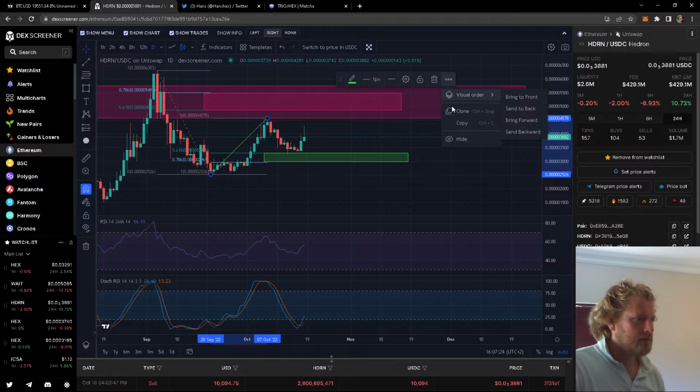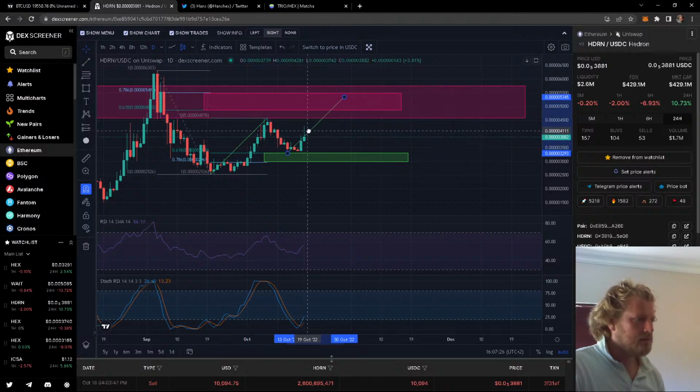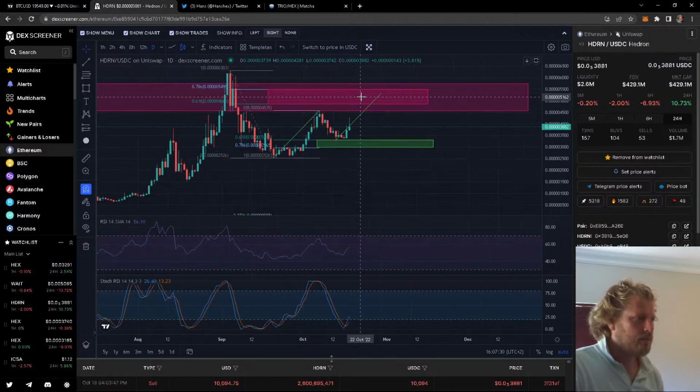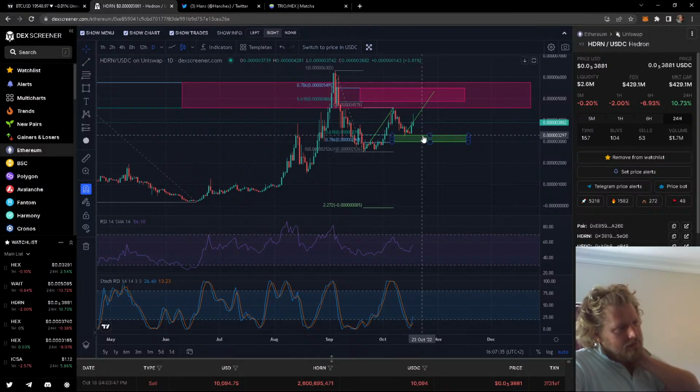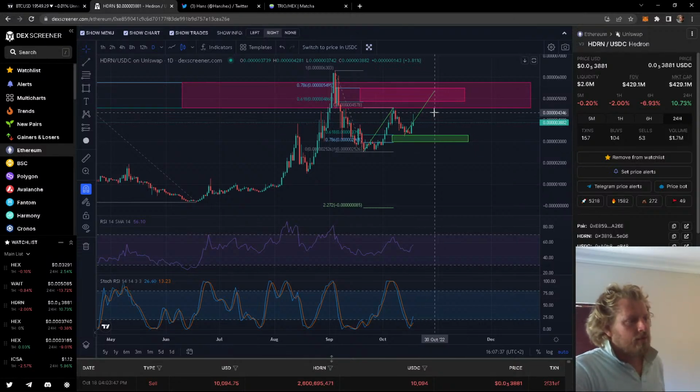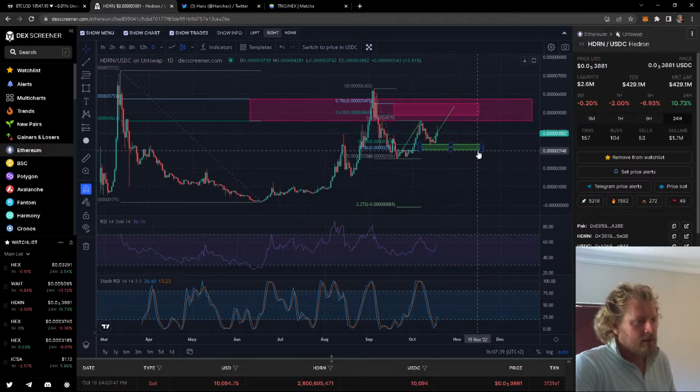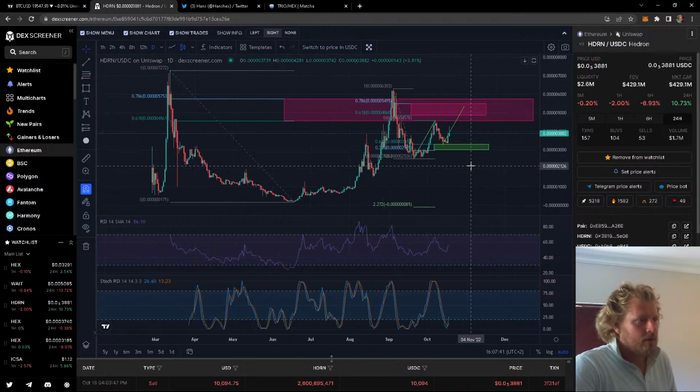I'm just going to clone this. And this shows you where the market might be going, where we might be topping out on the 13th, the 14th. You should be rooting for this to not make new highs in the bear market.